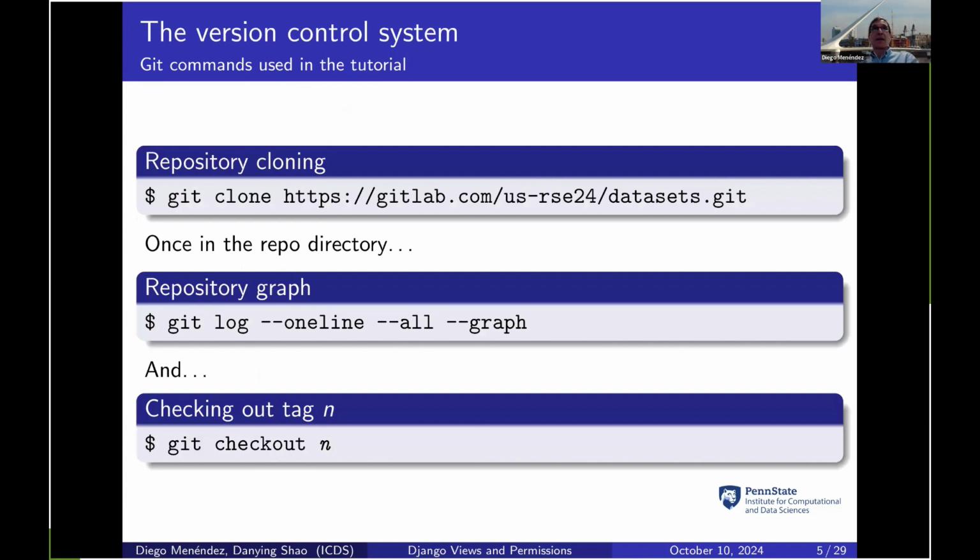This is the type of Git commands that we'll be using. The first one is git clone, which I will share in the chat so that you can do your own clone, although you already have it if you received the email that I sent yesterday, but just in case somebody else joined, we will be sharing it here.